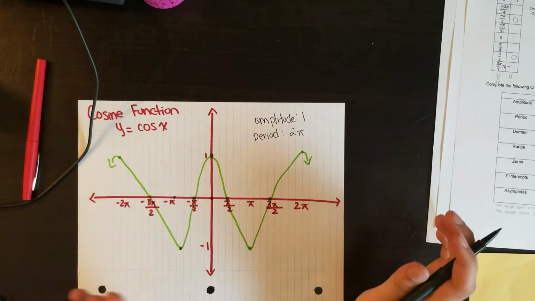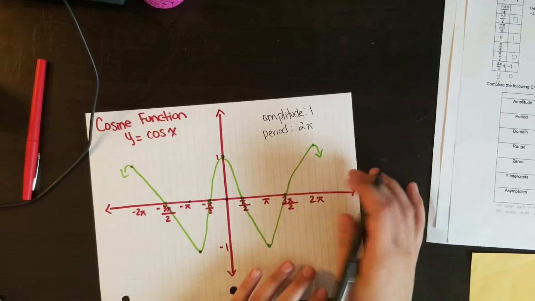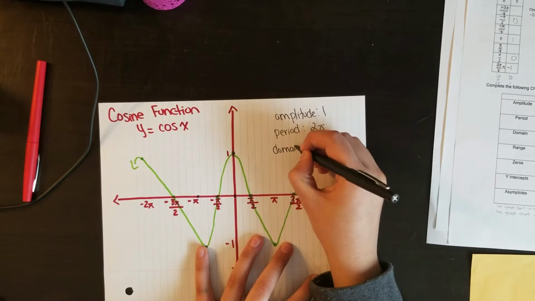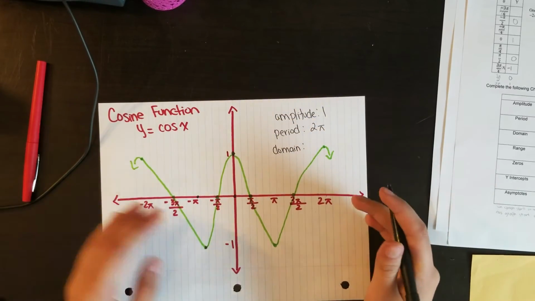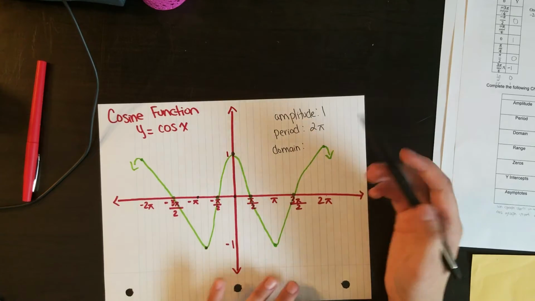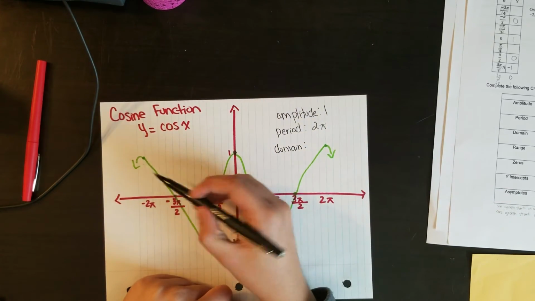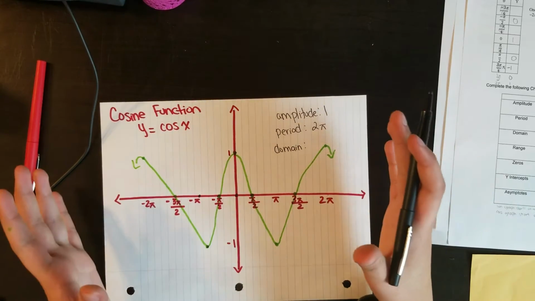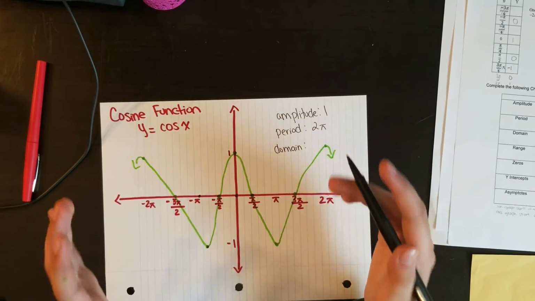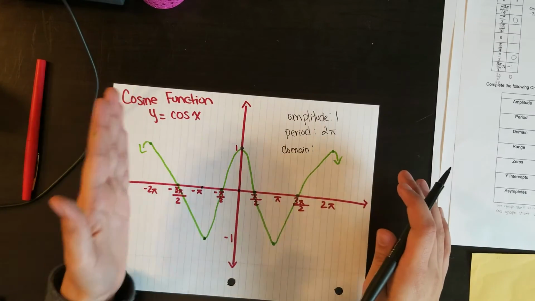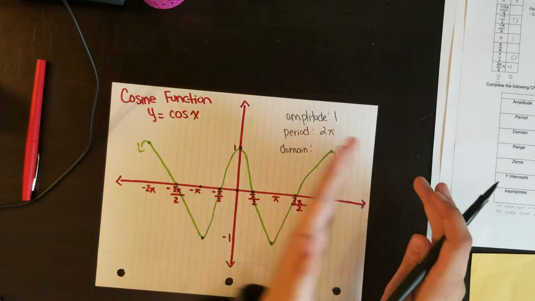The next thing I'm going to look at is my domain. So if we can remember, domain is all your values horizontally. Here, my graph didn't have a restriction. That's why it had the arrows indicating that it went on forever. So if it's going on forever, when I read my domain, I move from the left side to the right side.